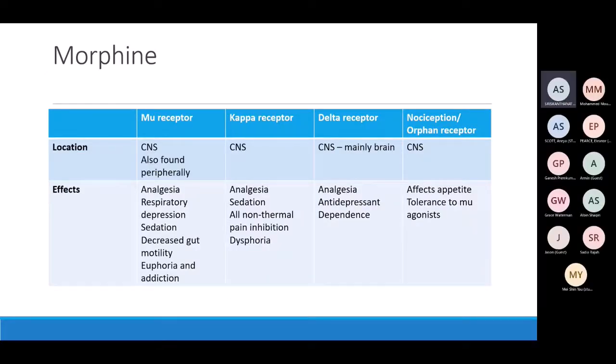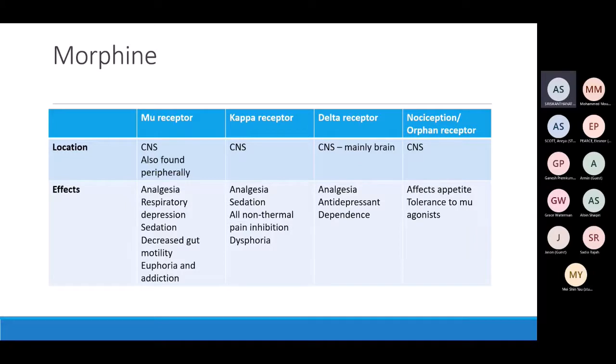There are various different receptors it does also act on. The main one I mentioned is your mu receptors, and I've put all the different effects here. It causes respiratory depression, sedation is another one, and sometimes a bit of euphoria and some addiction. The other receptors are the kappa, delta, and you also have your orphan receptors.